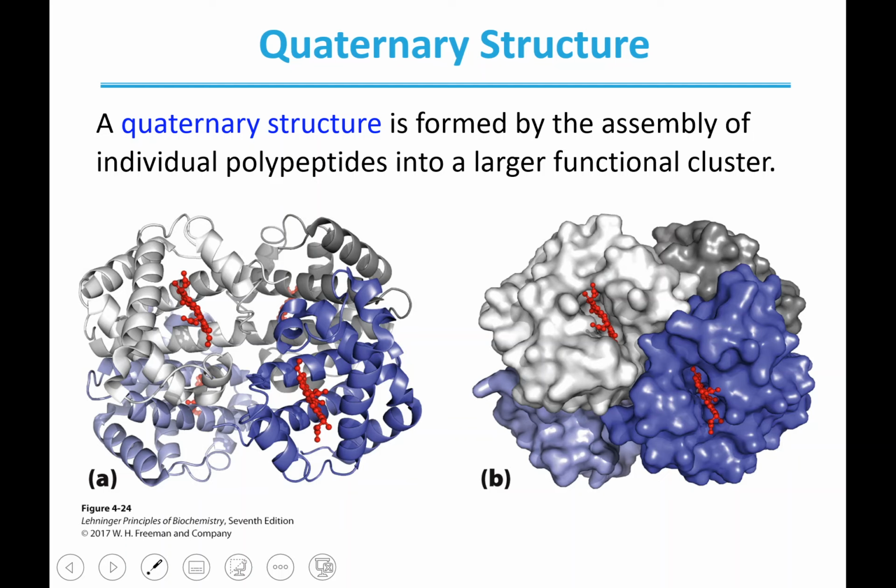You can have an example of the same exact polypeptide interacting with more copies of itself. Or you can have more complicated quaternary structures that have many different polypeptide chains coming together to form a complex.